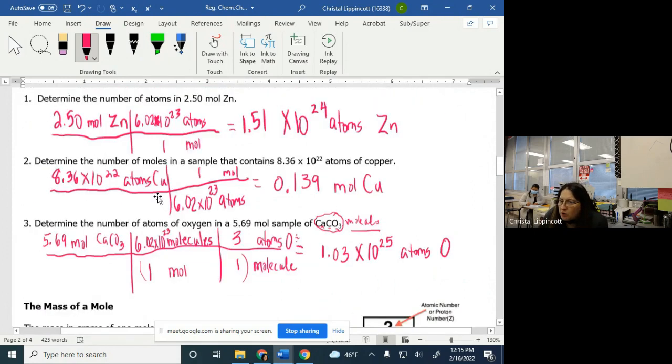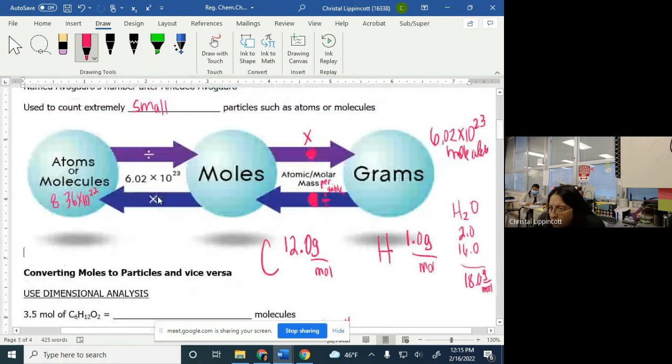Or if you are using this chart here, you're going to take those grams and you're going to divide by the molar mass on the periodic table.